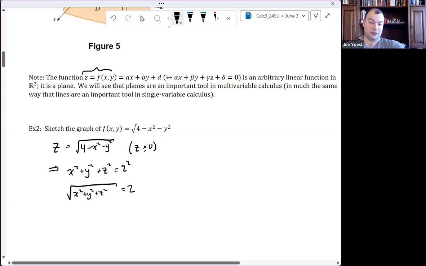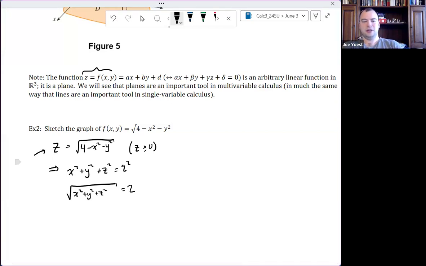And I see that the length from the origin to any point x, y, z that satisfies this original equation up here, the length from the origin to any point has to be 2. So constant length in 3 dimensions, that's a sphere.